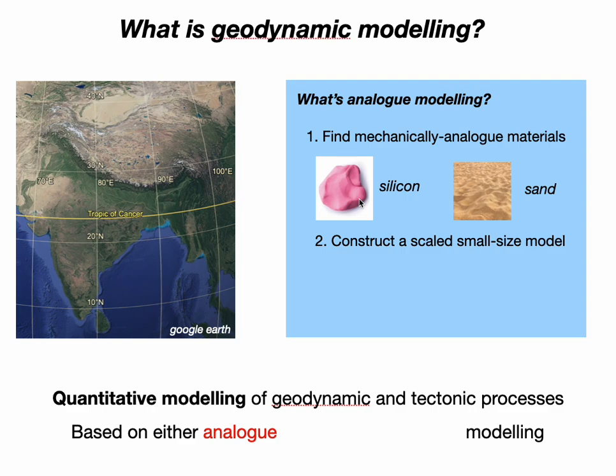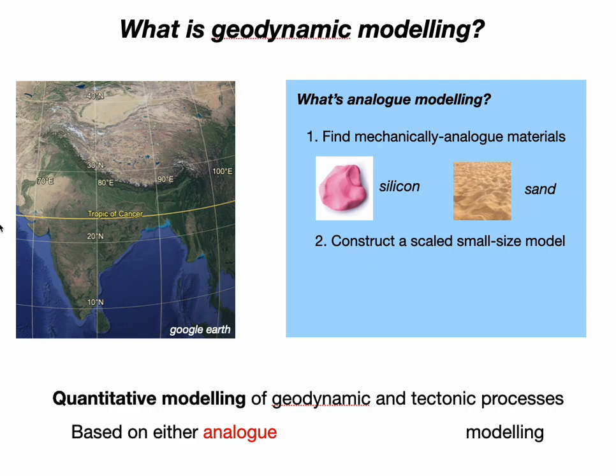But silicon and ductile rocks show an analog behavior. They are both ductile. The sand, on the other hand, it's an analog to the brittle rocks, to the brittle crust, because it allows to form shear bands. So it's a frictional material that forms shear bands, which will be analog to faults.